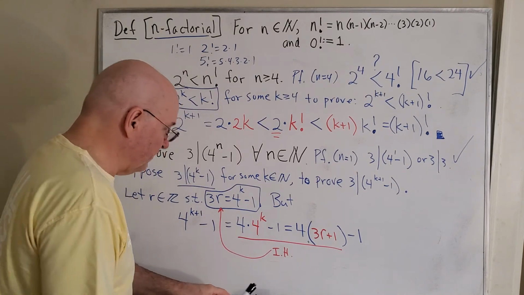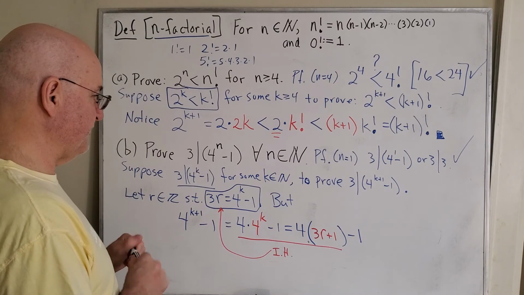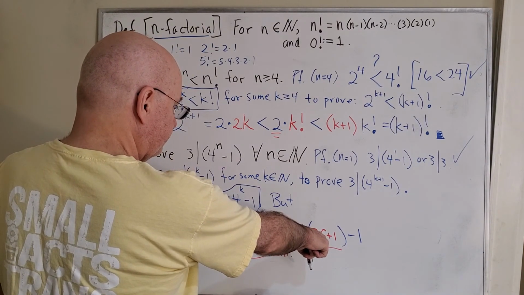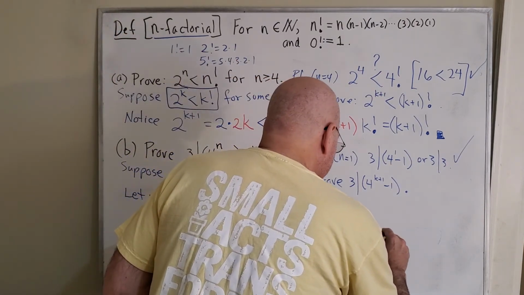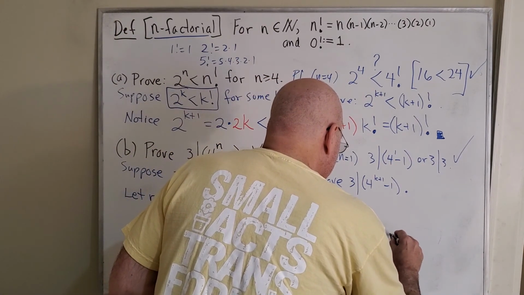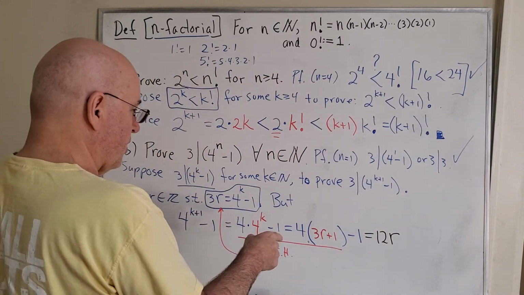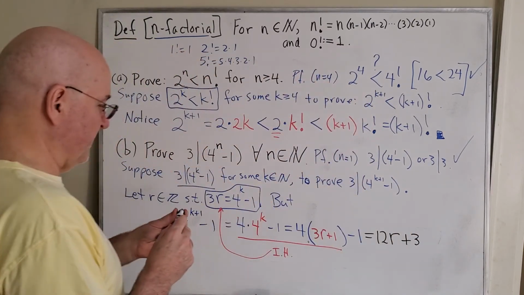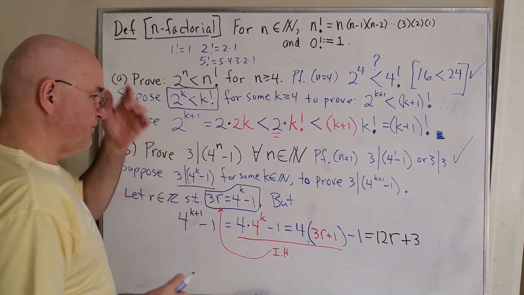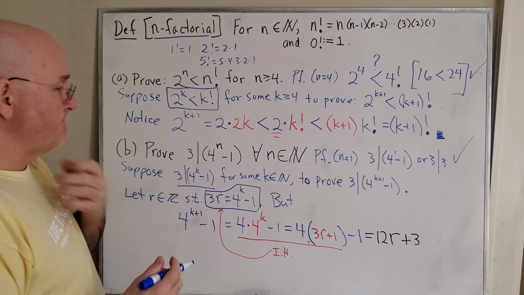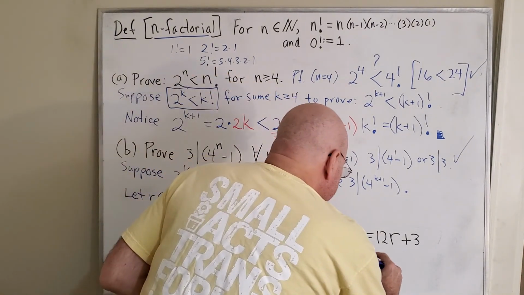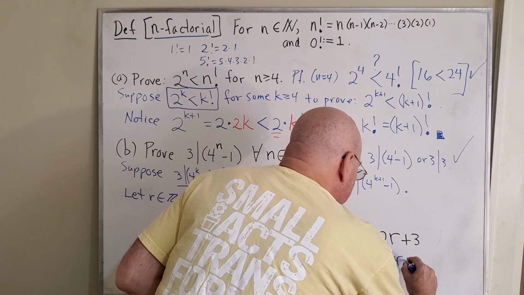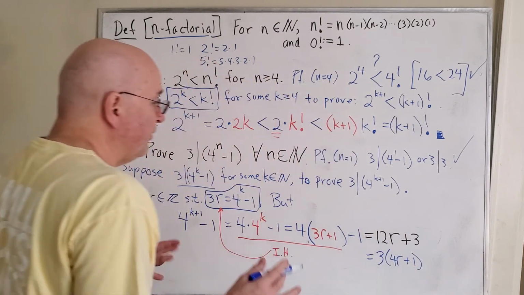Okay, so what is that equal to? What is that simplified to? 12r plus 4 minus 1 is 12r plus 3. 3 goes into that. Equals 3 times 4r plus 1. And we're done.